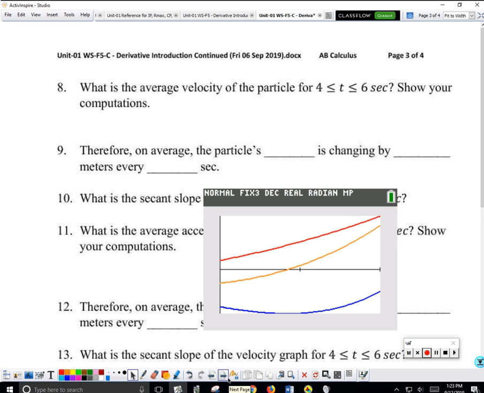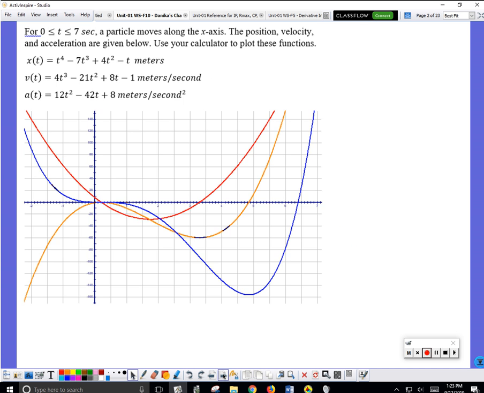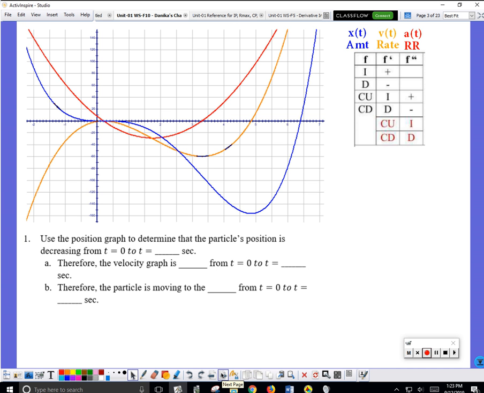Okay, this does fit with what I was saying a minute ago. We've been studying position, velocity, acceleration. Here's how they relate. Keep this open, hold on. Look right here.